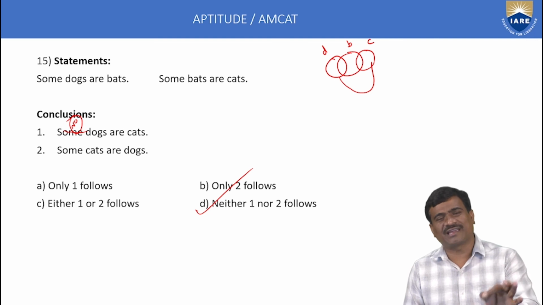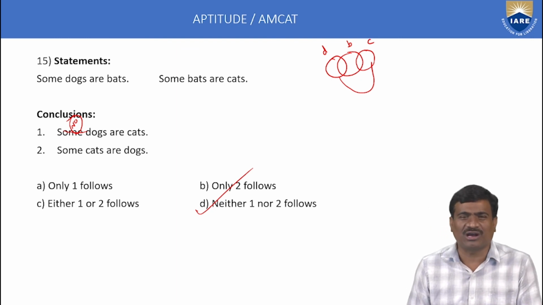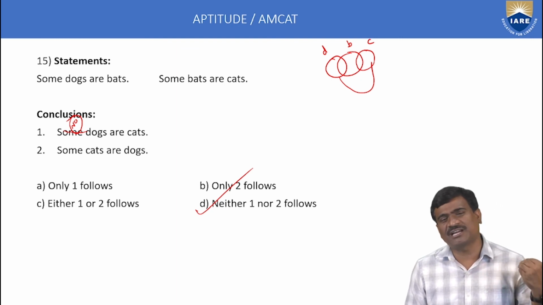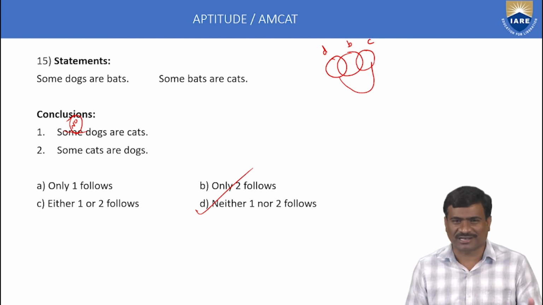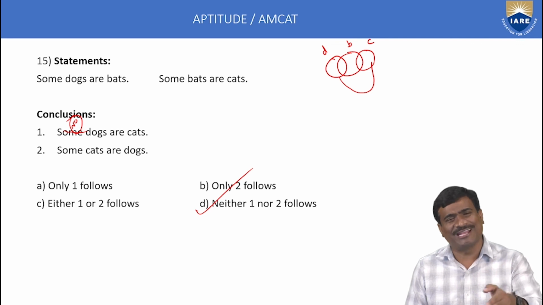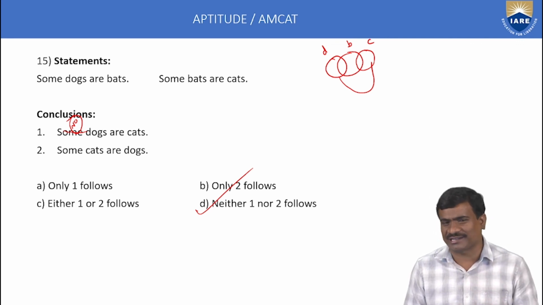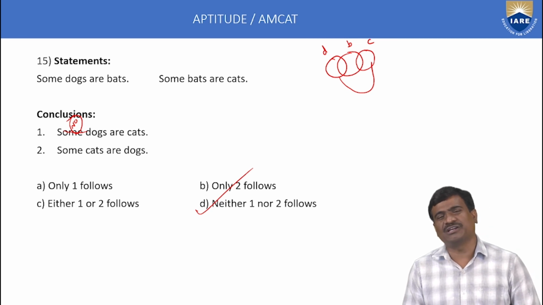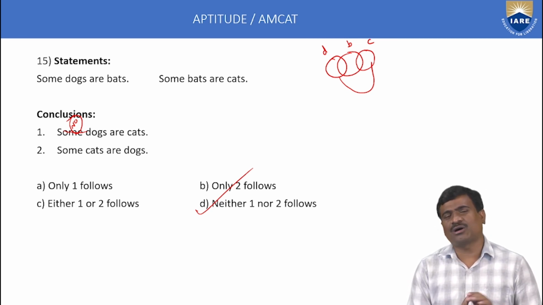No dog is a cat and some cats are dogs, that combination is called either or. But here the first statement is a some relation and the second statement is a some relation, so either or is not correct. You have to check individually, but these two are individually not correct. Then option D is the only correct answer. Either or is important.